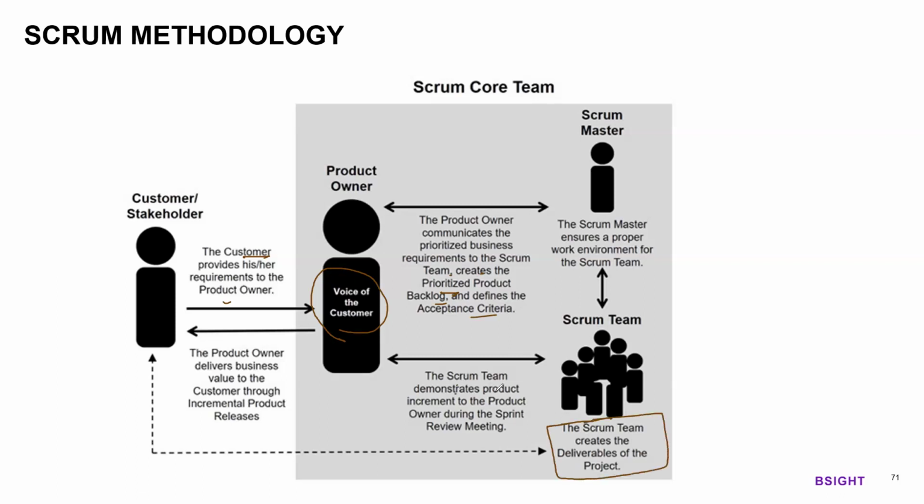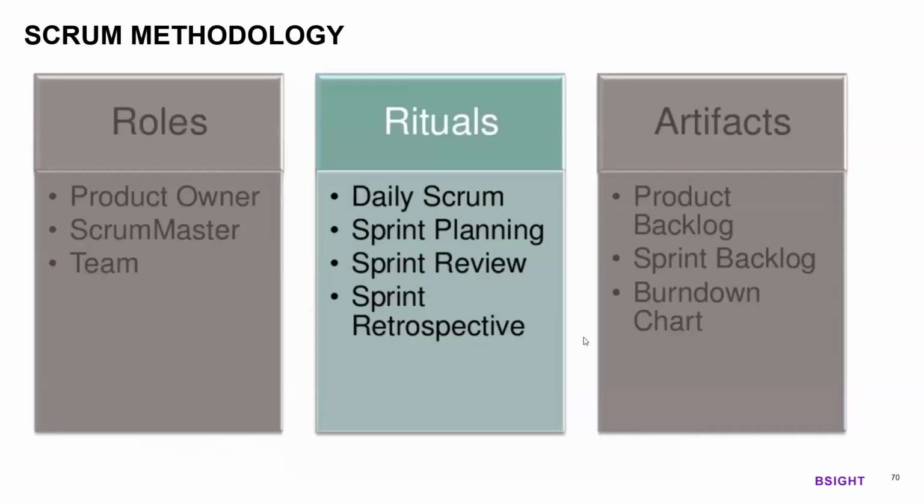They demonstrate the product increment to the product owner during the sprint review meeting, which we'll discuss now. Scrum Master ensures a proper work environment for the Scrum team. One of the principles we discussed is to bring a motivated team, give them the environment to work together, and trust them to get the work done. Who is responsible to do that is Scrum Master, who is considered a project manager in a Scrum project.